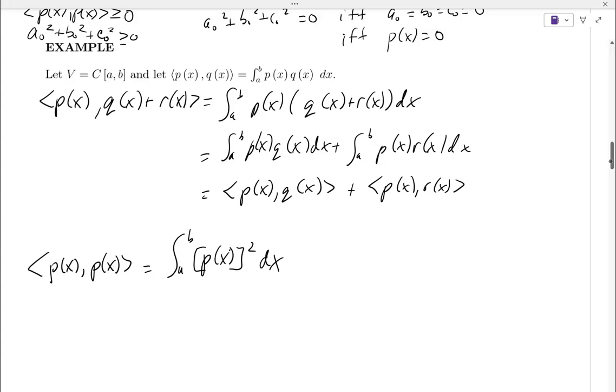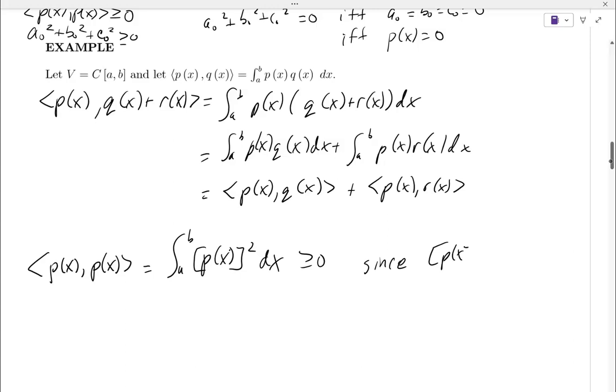If I square the function, it's always going to be above the x-axis, or it could touch the x-axis as well. But certainly, if it's not on the x-axis, it's above it. A definite integral counts area under the curve above the x-axis as positive. So this certainly is never negative, right? Because the function is never negative. So this is greater than or equal to 0.